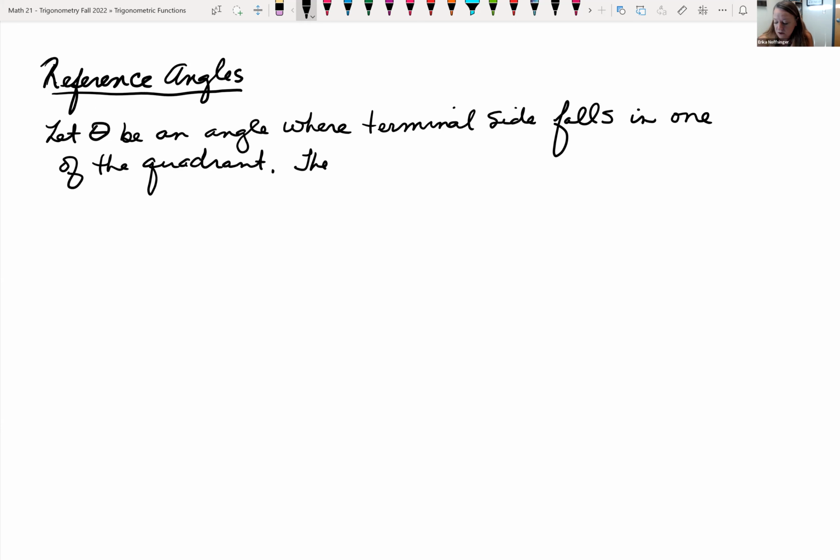The reference angle, and different books or people will call it or denote it differently. You might see it as theta sub prime, where you have a prime there. I tend to put a little subscript r, since that's easier to see. So the reference angle, I'm going to call it theta sub r, is an acute angle.